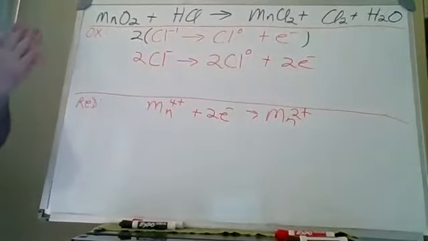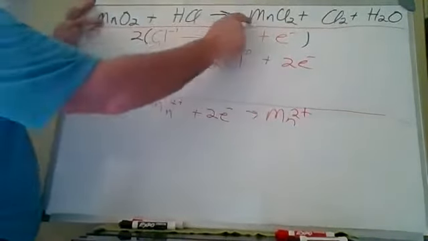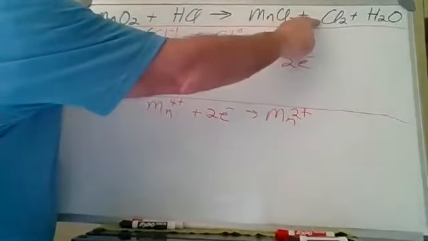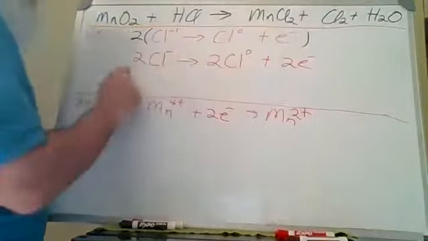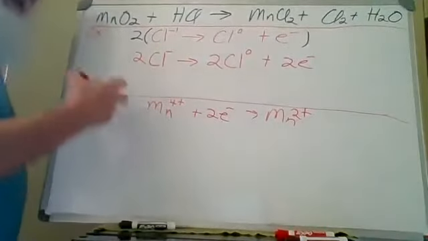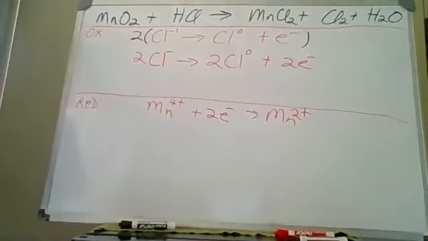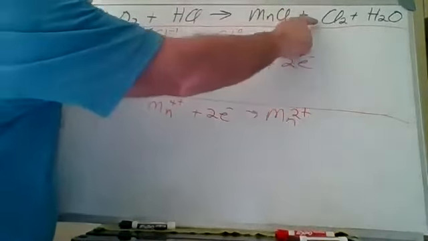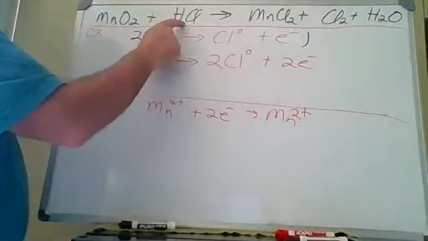Now let's see here. It looks like we're going to be okay. I have 1 manganese here, 1 there, and 1 here. Here I have 2 chlorides being oxidized, and I have 2 here in the half reaction being oxidized. So that tells me it's time to start putting in the coefficients. So 1 manganese, 1 manganese. 2 chlorines here, 2 chlorines here.